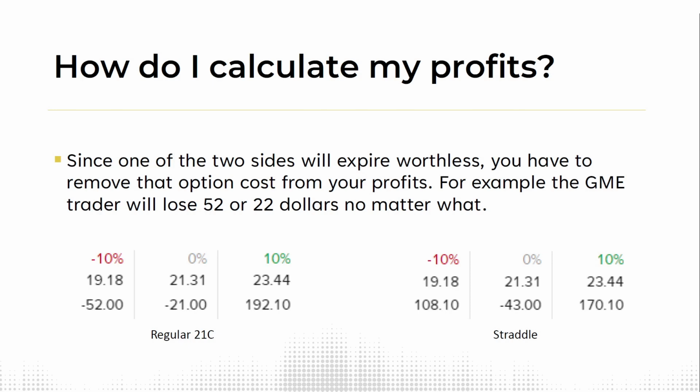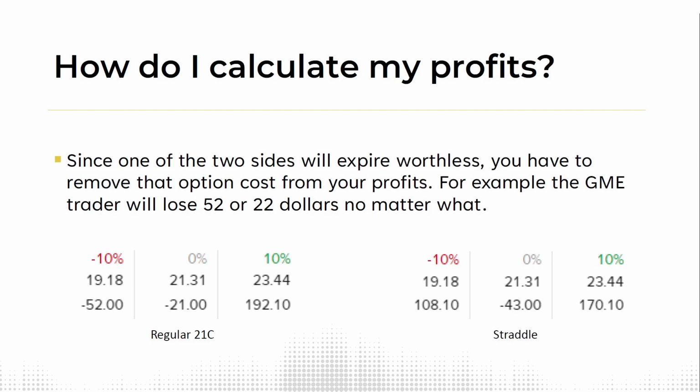So if you see here, if this call would have gone up 10%, and I just bought a call that was at the money when I bought it, and it goes up 10% after earnings, I would have made 192 bucks. But with the straddle, I will make 170 bucks. Because if you remember, that put cost me $22, and that's going to expire worthless, of course, if it shoots up 10%.